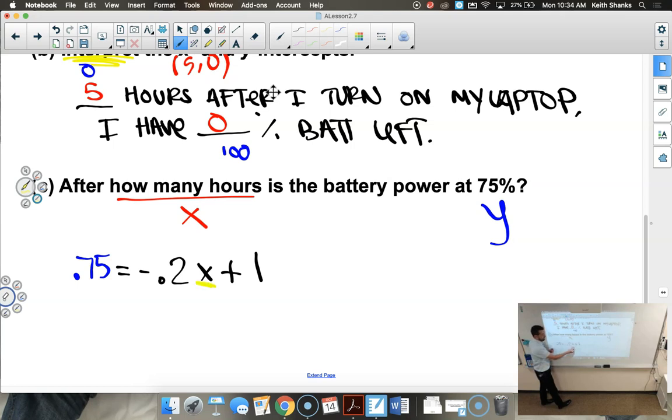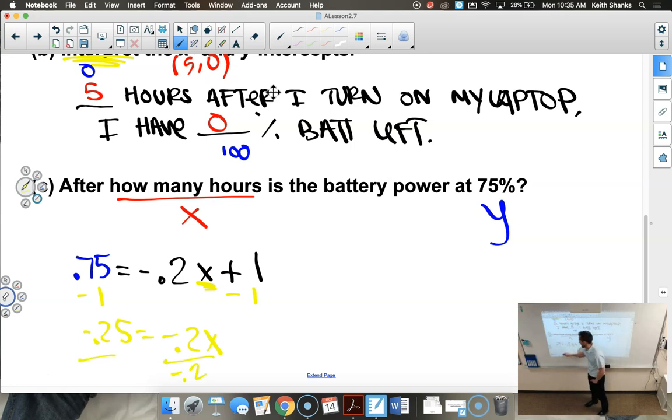You want to get this guy by itself, right? Yeah. Okay. So what do I have to move first? This one. All right. Then I'm going to... Okay.